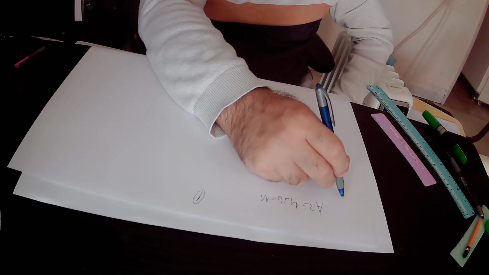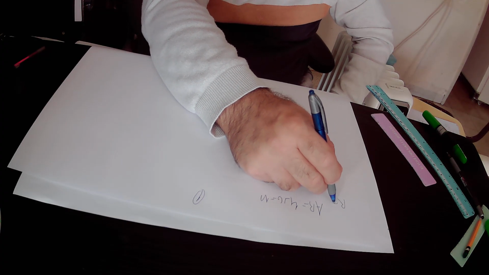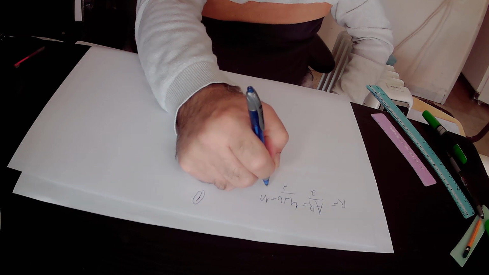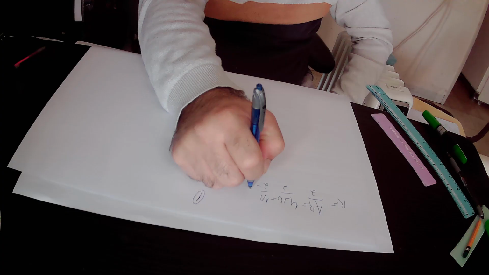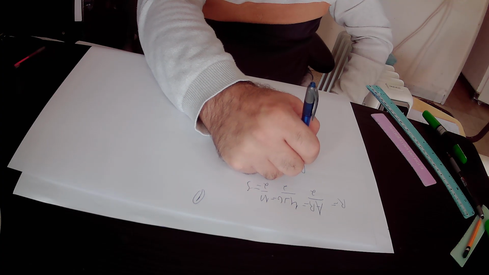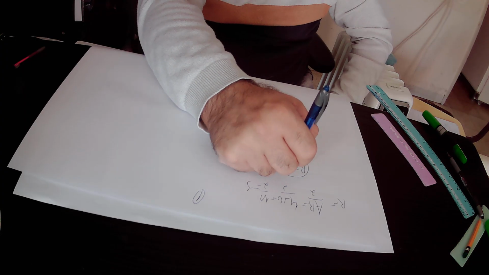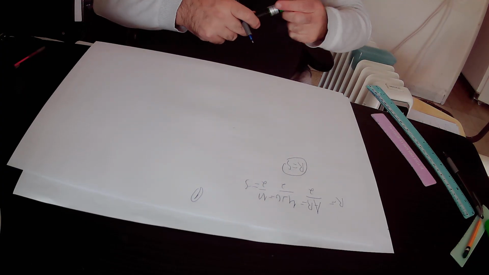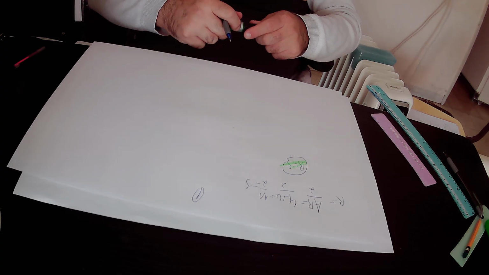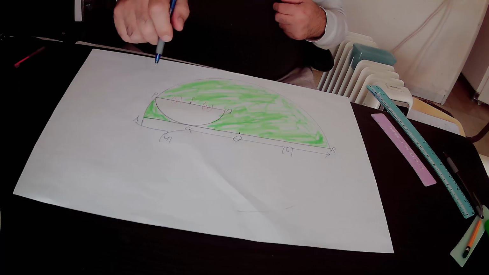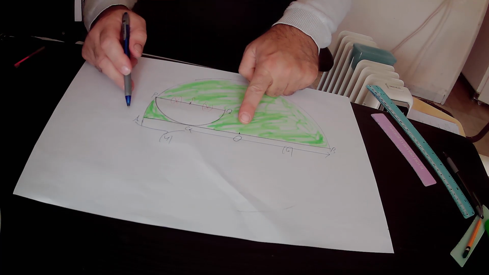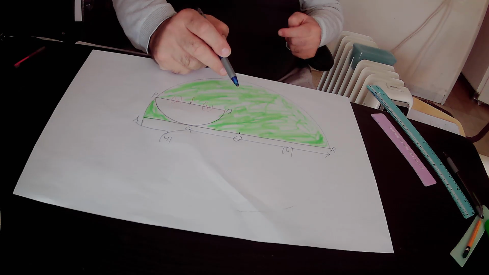Therefore, the radius of the big semicircle, capital R, must be equal to the diameter AB over 2. That is to say, it is 10 over 2, that is 5. The radius of this big semicircle equals 5 units in its length. That is to say, OA equals OB equals 5 units.